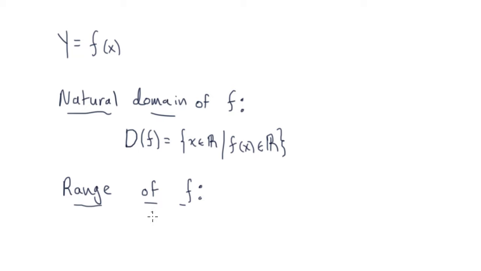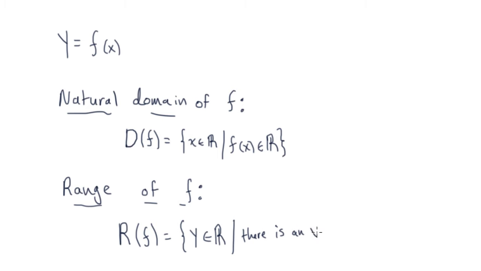And so the range of f, which we'll denote R of f, is going to be the set of real numbers y for which, what? Well, for which there is an x in the domain of f such that y is equal to f of x.